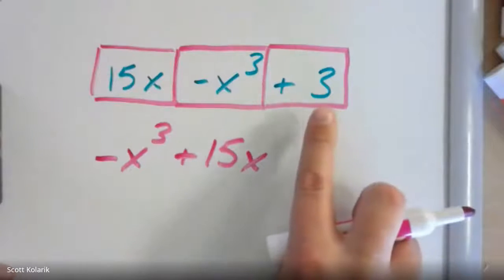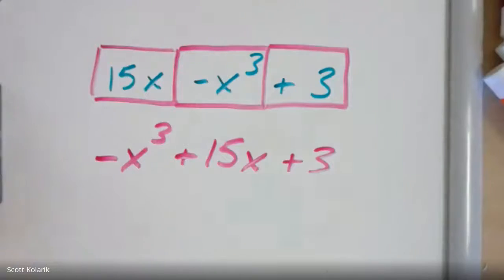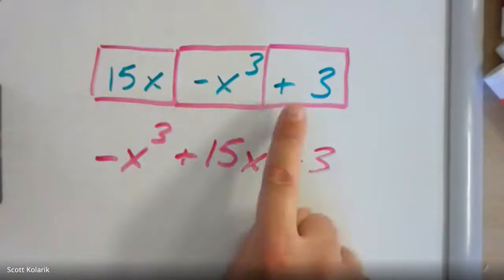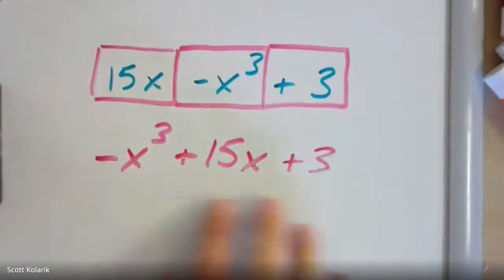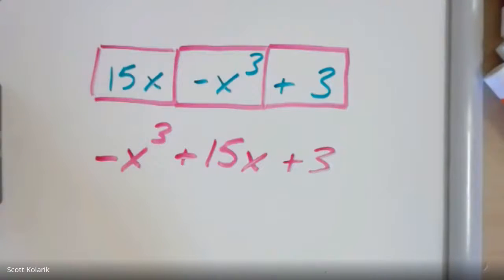And finally, my lowest degree term is just the number 3. Typically, there will always be some just number value, a degree 0 term at the back end. Now, for the record, this is the exact equivalent of the original polynomial they gave me. It's just rearranged. Okay, nothing changed in any values. Okay, but now that's in standard form.